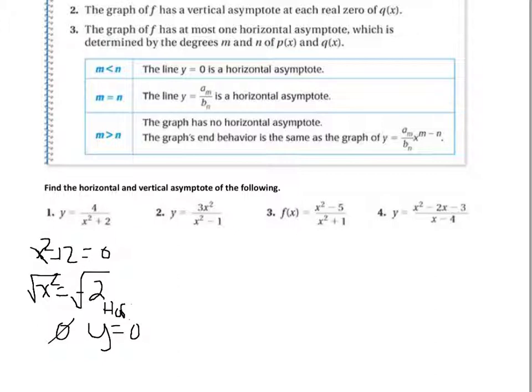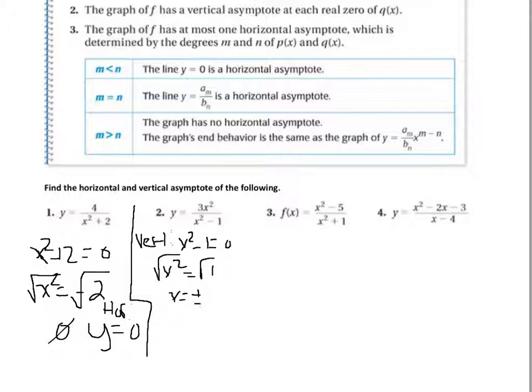Okay, so for number 2, the vertical, set denominator equal to 0, solve it. So you get x equals 1, x equals negative 1.